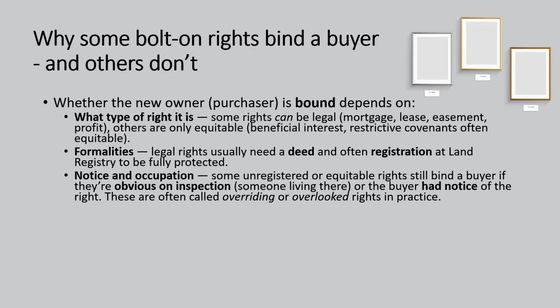But so far, for example, if you've got a spouse or a parent or someone living in the property that you are trying to buy, you might still be bound by that, even if they haven't officially registered that right in the land registry.